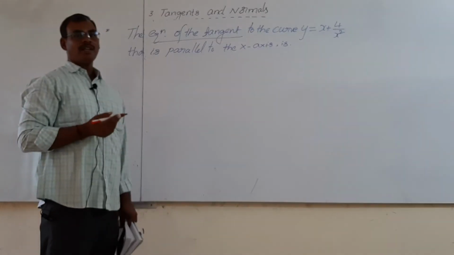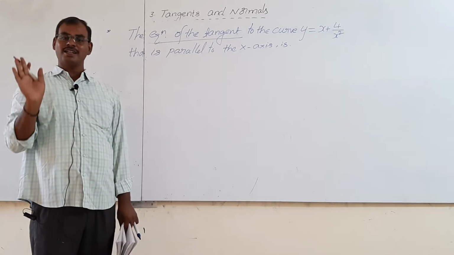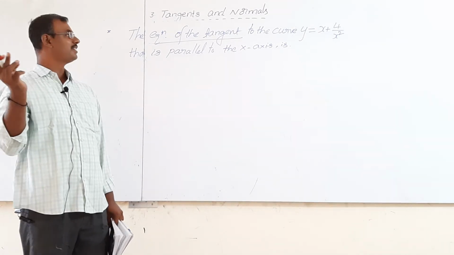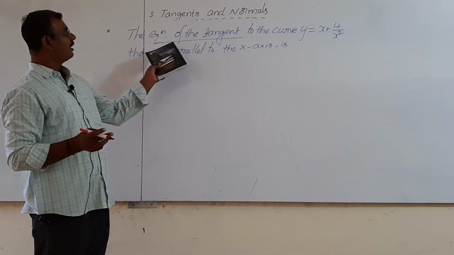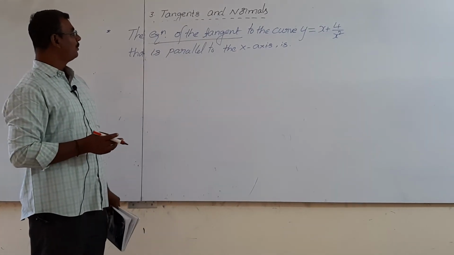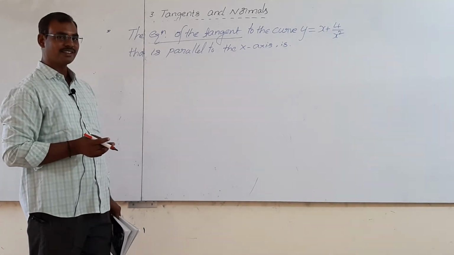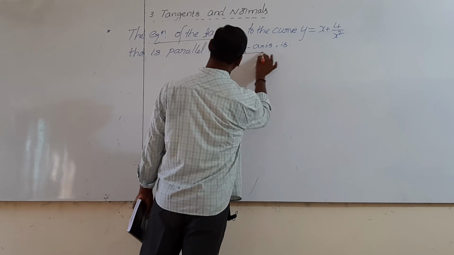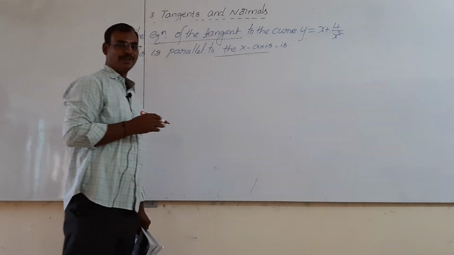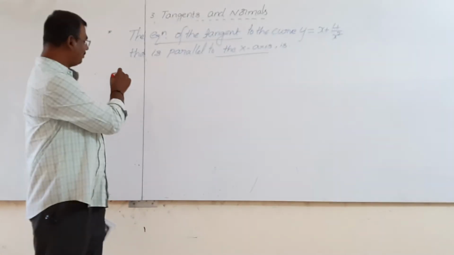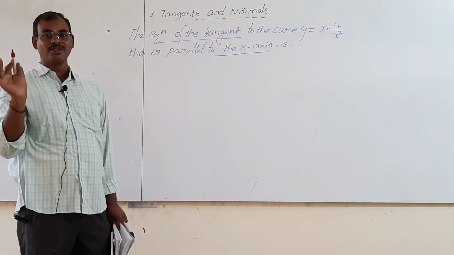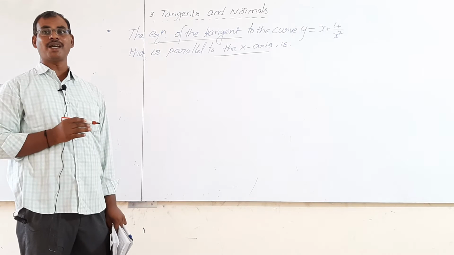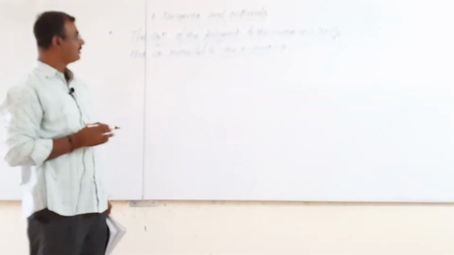To find the equation of the tangent, what are the necessary conditions? We know very well, one is a slope, one is a point. Here in this problem, slope is given, since the tangent line is parallel to the x-axis. If slope is equal to 0, then the tangent line is parallel to the x-axis.